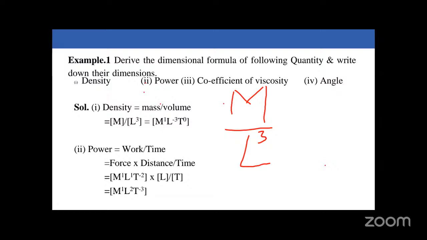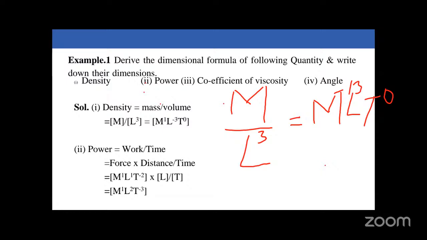So when we bring them together, we have M, L to the 3. If we decide to include T to make it complete, then T will be raised to 0. So M is raised to 1, L is raised to minus 3, T is raised to 0. So the dimensional formula for density is ML minus 3.